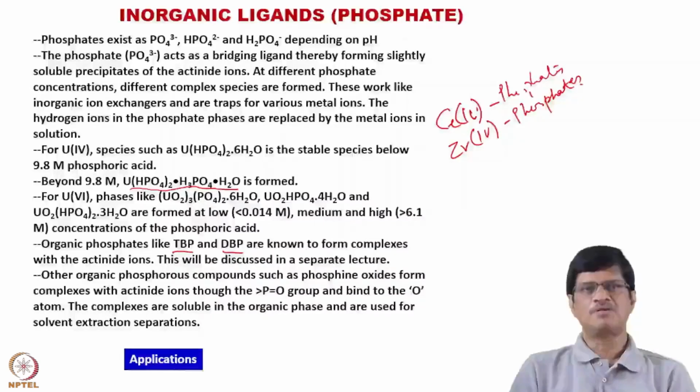An application of this is the extraction of uranium from the wet process phosphoric acid, where a mixture of di-2-ethyl hexyl phosphoric acid, that is DEPA, and trioctyl phosphine oxide, that is TOPO, is used as the extractant mixture.